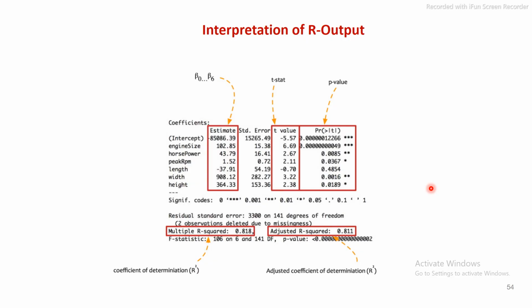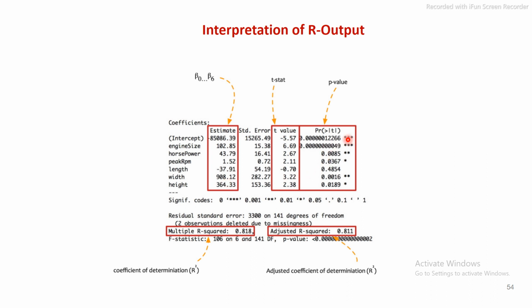Now see this one, the interpretation of this. If I give you this output only and I tell you to explain what this is. So here, what is the dependent variable? It is not written, but the intercept, engine size, horsepower, these are obviously your independent variables, and their estimates are the coefficients, typically we call them estimates or coefficients.